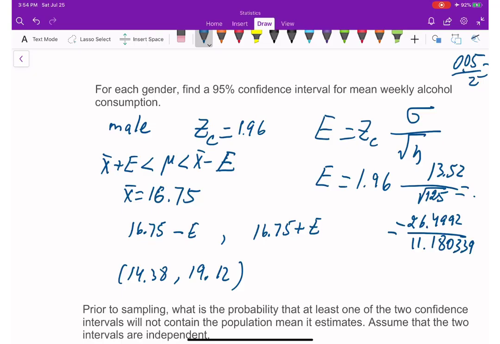Okay, let's divide. 26.4992 divided by 11.180339, we get 2.37 approximately. All right?